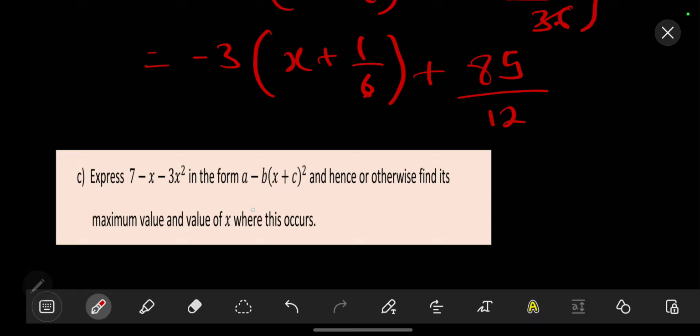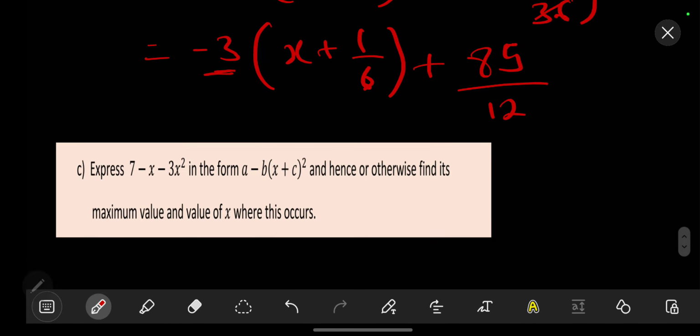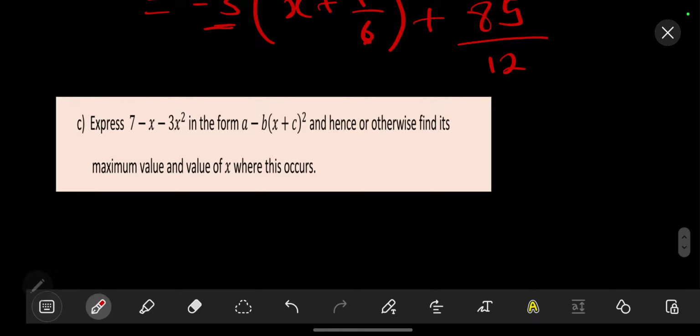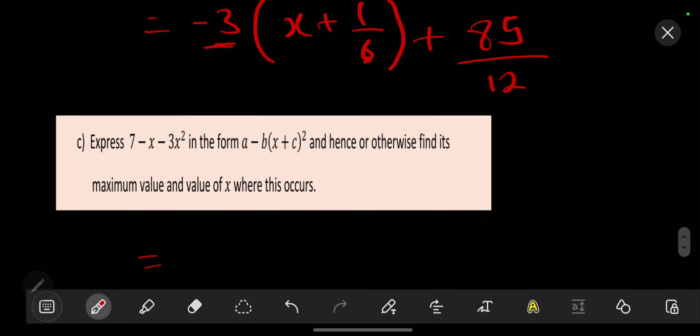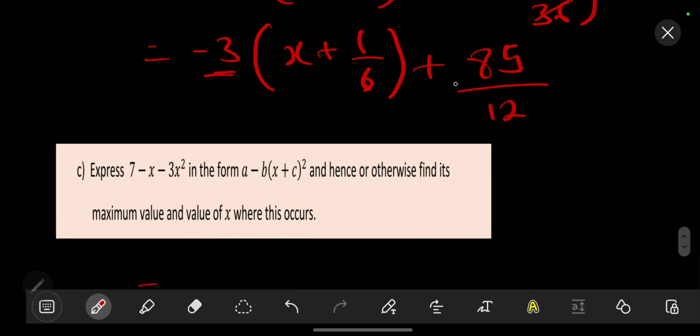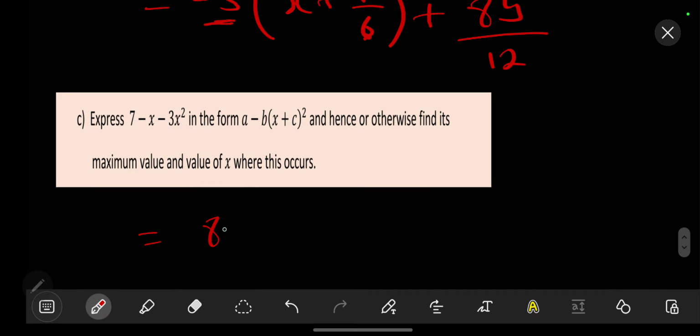So according to this, we should have a minus b, and you can tell to say b is equal to a negative 3. So with that said, we are going to just say we have our negative 3. So we are just going to put it in the right order by having 85 over a 2, since it should begin with our a, the one without the bracket.